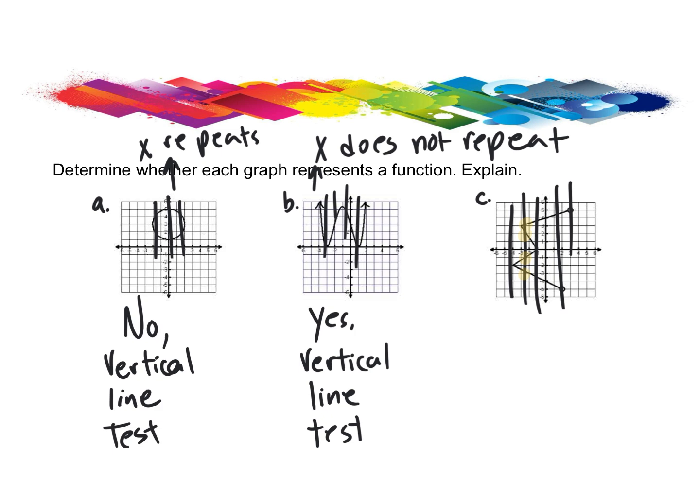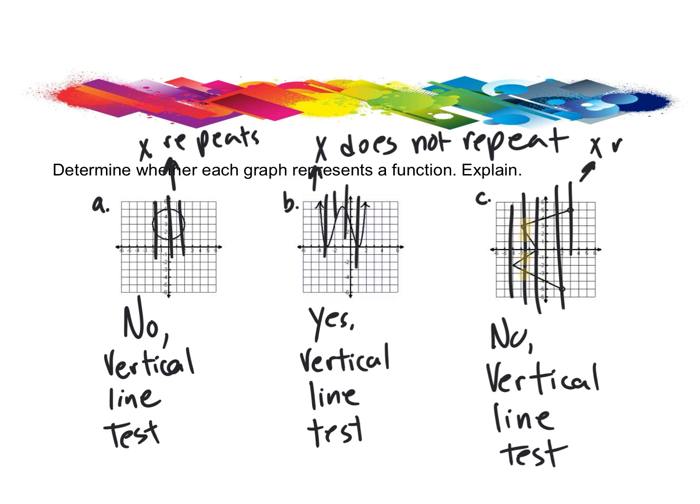So definitely not a function. Again, you can say vertical line test, or you can say that the x repeats. Either one is valid. If you're going to say vertical line test, draw at least one line that proves yes or no. Okay, I just drew a few to try to aim for as many lines as you guys could draw.